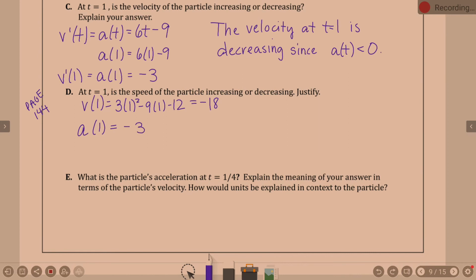And the acceleration from that previous part is negative 3. What do you notice about these? Negative 18 and negative 3 have the same sign. And so speed is going to be increasing at t equals 1 since they are both negative.